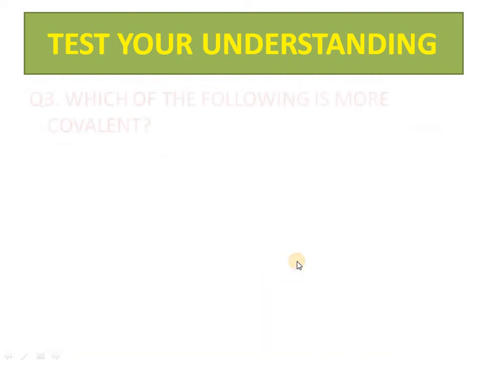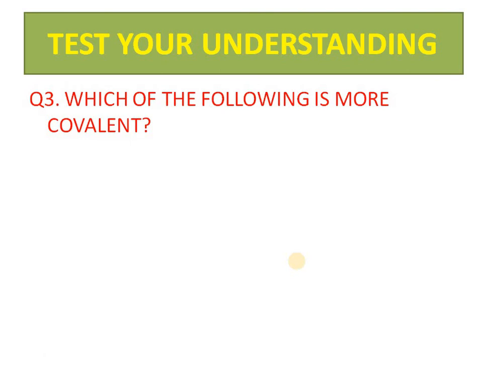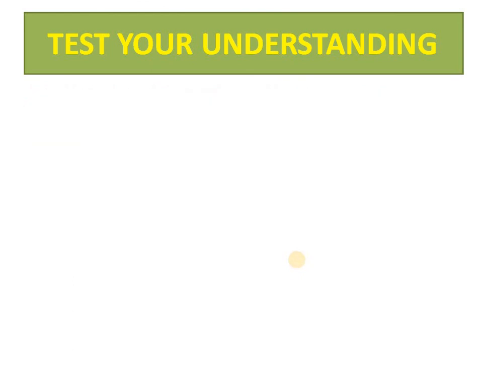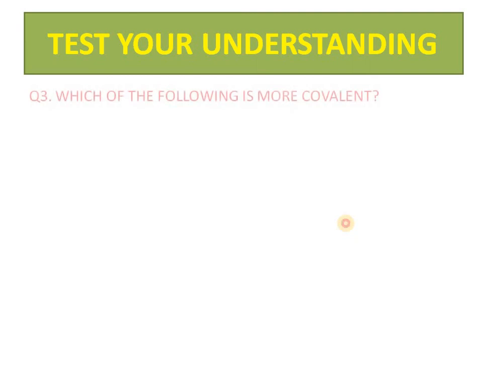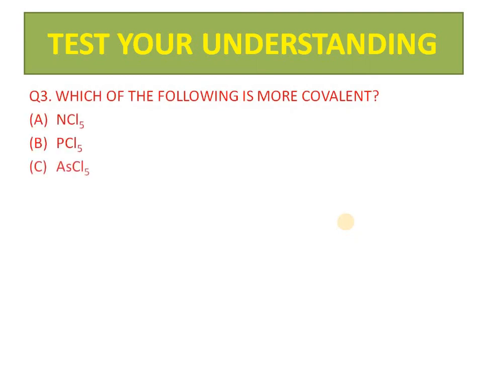Okay, let us move to the next question. Which of the following is more covalent? You have to write these examples. Here the chlorine atoms are the same in number. What is changing? The central atom is changing: nitrogen, phosphorus, arsenic. So you know which rule? Fajan's rule. Fajan's rule says, the smaller the cation and the larger the anion, the greater the covalent character.